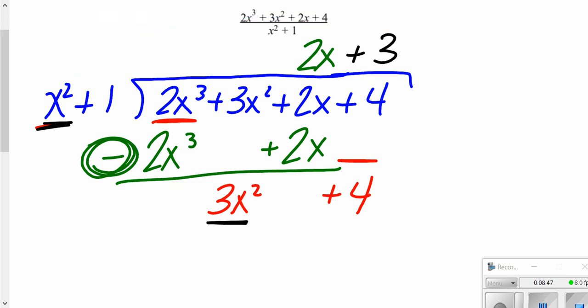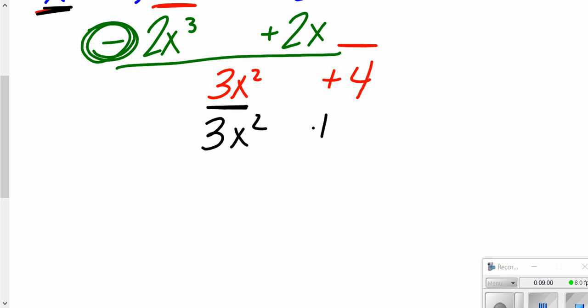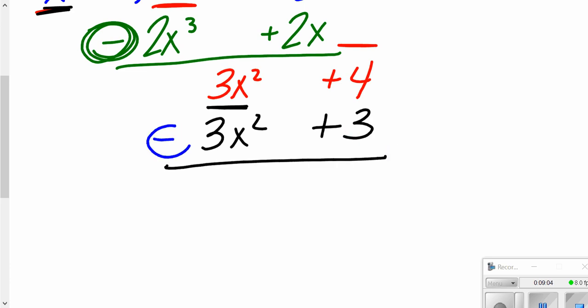Okay, so 3 times x squared is 3x squared. 3 times plus 1 is plus 3. I'm going to draw a line right here, and I'm going to subtract. Okay, so 3x squared minus 3x squared, nothing. 4 minus 3 is 1.